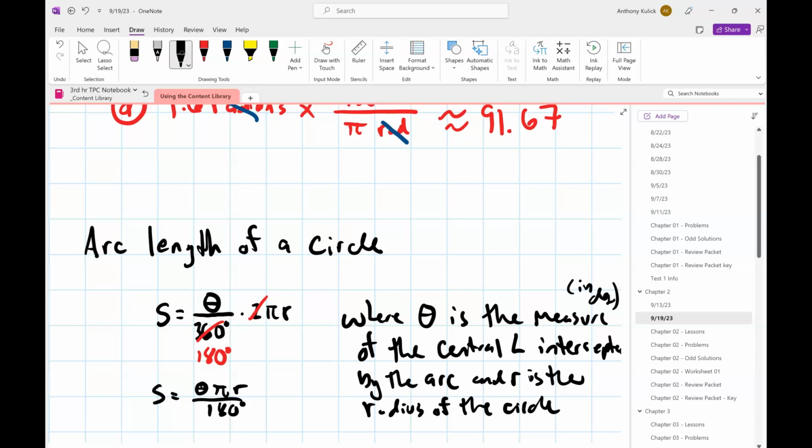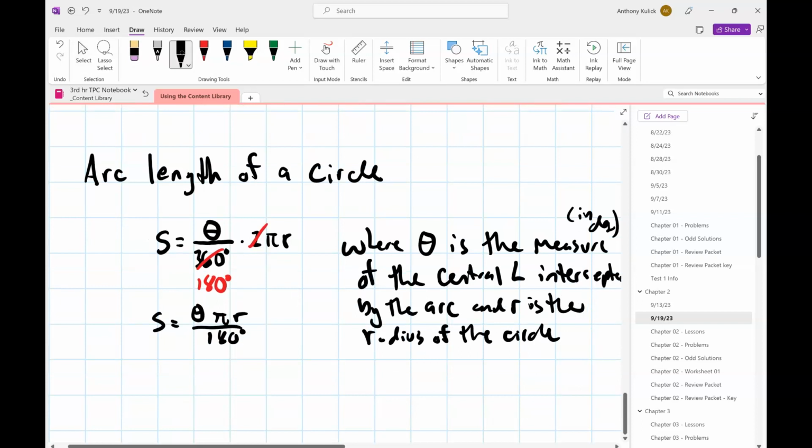Let's be clear and say theta is the measure in degrees. But what if I take an angle in degrees and multiply it by pi over 180? What do I get?